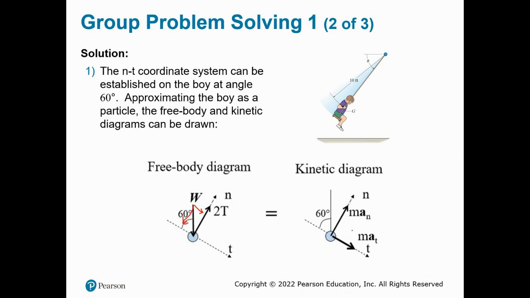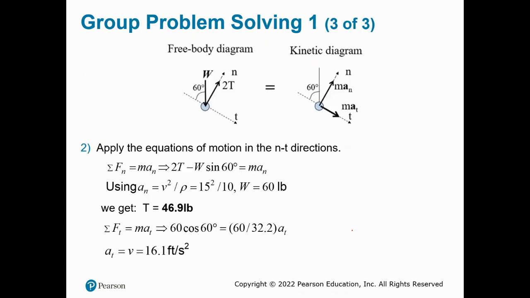Now writing our equations, we put them into the normal direction and the tangent direction. In the normal direction, I have 2T minus W sine 60, where we break our W into this way and that way, right? So sine 60 gives me that component. Using a_n equals v squared over rho, with W equals 60 pounds, we can calculate T equals 46.9.